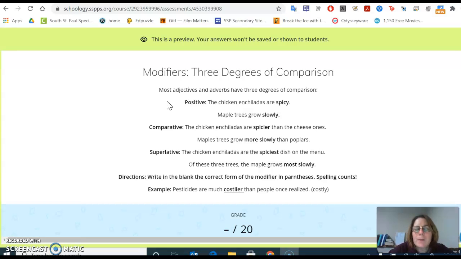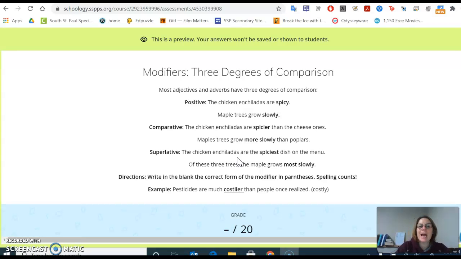So after whatever attempt you are done with, that is the score you get. You've got up to 20 to get a perfect score, but otherwise we're not going to go back through and rescore your assignments. So with that in mind, there's a little recap of what I just talked about: the positive form, the comparative form, and the superlative form.